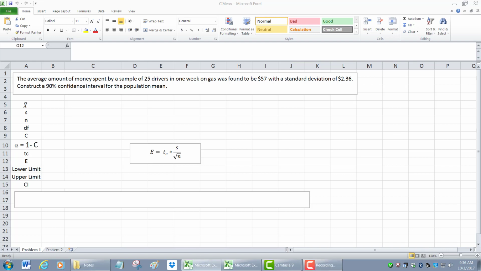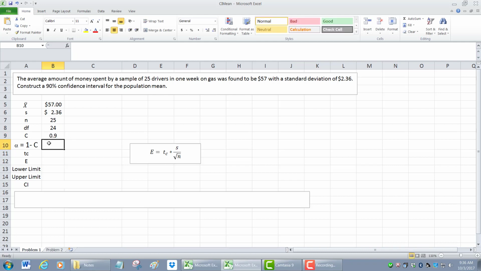We know that the mean is $57, the standard deviation is $2.36, and the sample size is 25. The degree of freedom is n-1, so that's 24. The confidence level is 90% or 0.9.